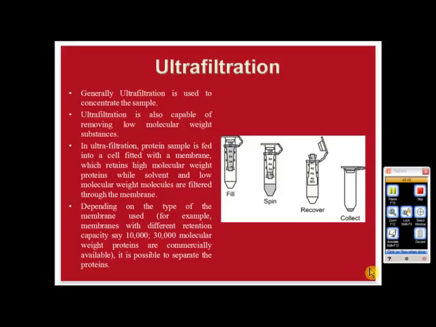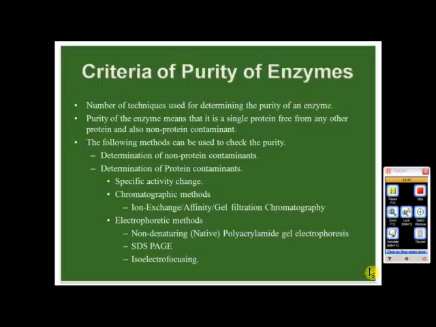That means here you will be getting two fractions. One fraction contains small size proteins, and the upper fraction contains bigger size proteins. It is also a type of purification, but many people do not employ it because the membranes are very costly when compared with the above processes.